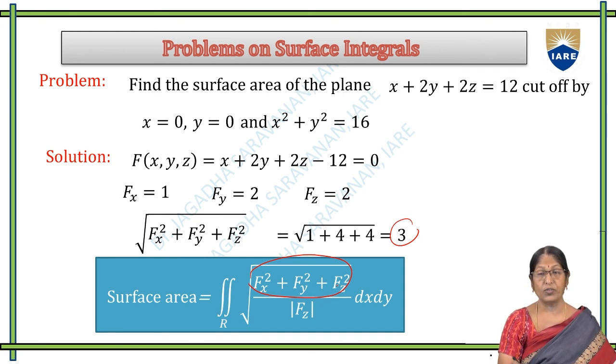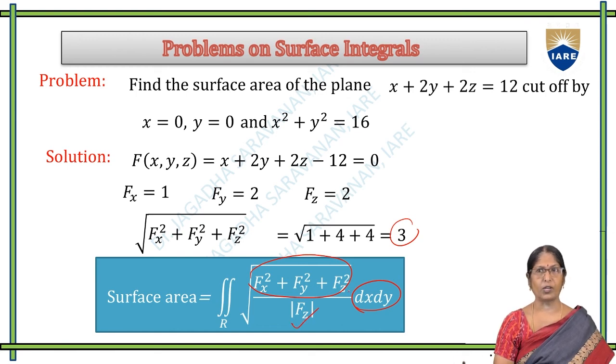Here x, y, z are there, and the dimension is dx dy. So totally it is 3-dimensional; xy is there, and then the third direction is the z-axis. Suppose dy dz is there, then the other direction is written in the modulus.